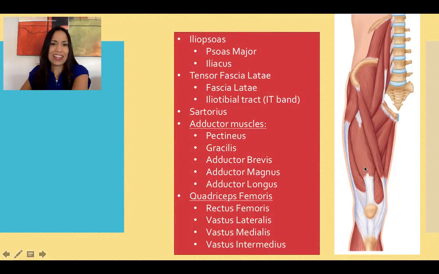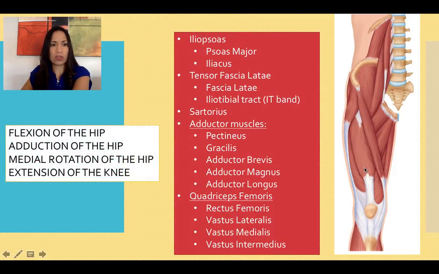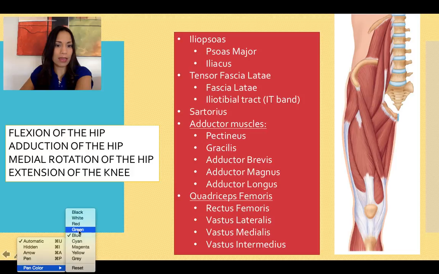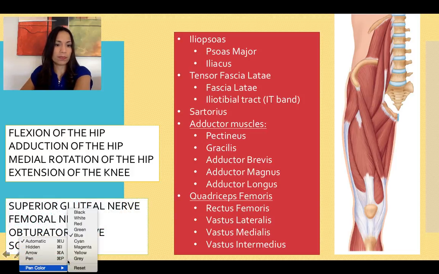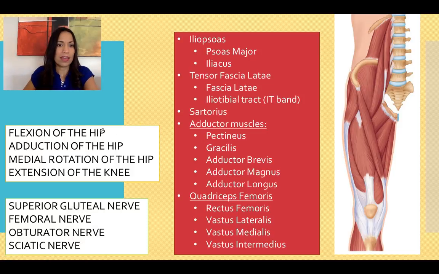Now, this is everything that we have covered today. All the muscles, all the structures. Using all of these muscles, we just covered 4 movements and 4 nerves. Let me grab it again. These 4 movements and these 4 nerves.